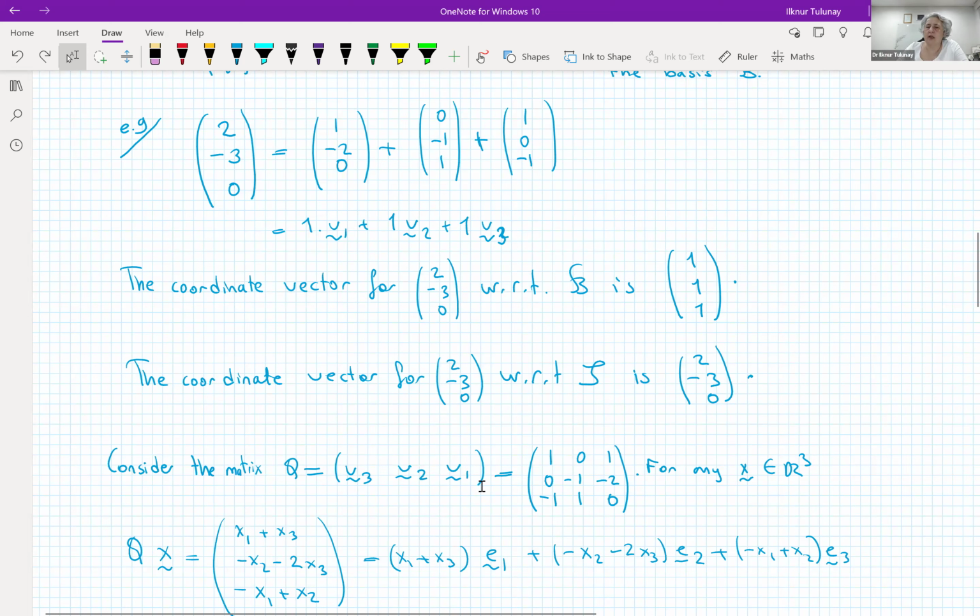Once you choose the order, you need to keep that order throughout the whole question. So that was what question 34 was all about as well. In this case, once I choose v3, v2, v1, I will keep to that order throughout this question. That's my point. So that's the Q matrix.